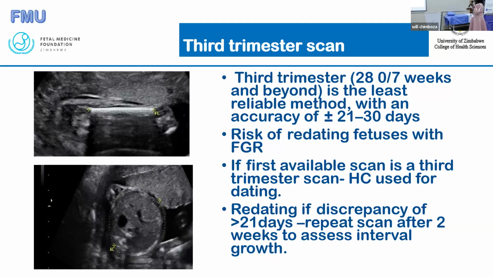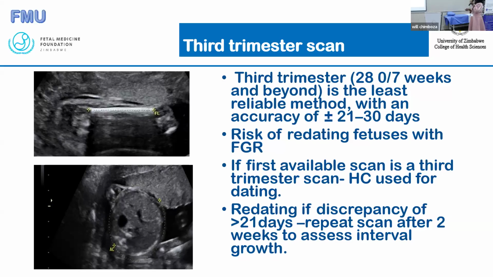We place the calipers around the abdomen to get the circumference at the level of the skin, not the ribs. So once we do that, we have adhered to strict standards of obtaining the biometry that we need. And then for now, we capture these readings, we go to the head circumference and assess the gestational age and expected date of delivery. The other parameters will be useful for assessment of fetal growth.